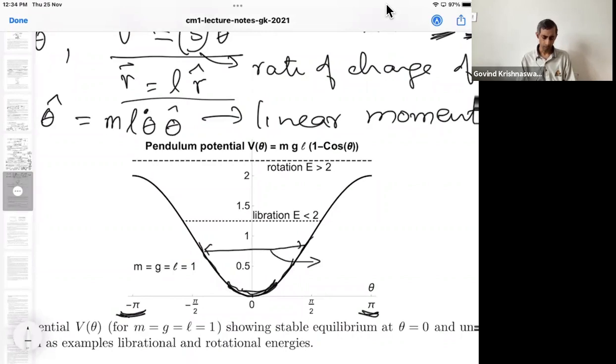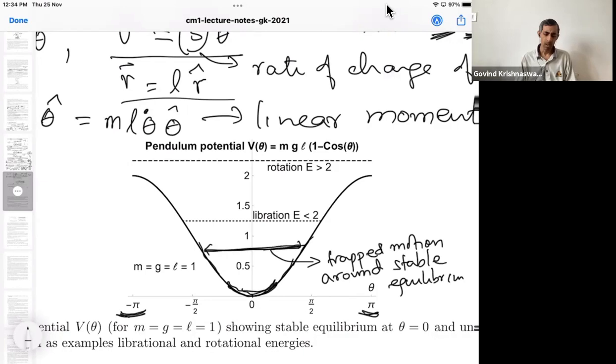So this is all trapped motion around stable equilibrium. If the energy is such that the oscillation is of this sort, then we have only libration. As the energy increases, the amplitude grows, but you still have libration. That is, there are a pair of turning points.